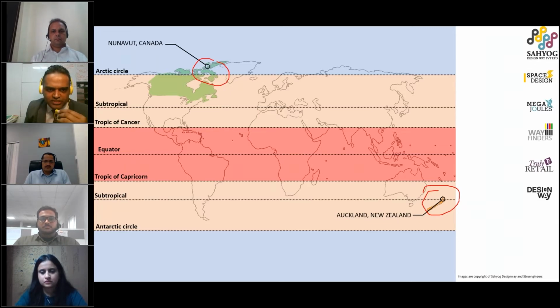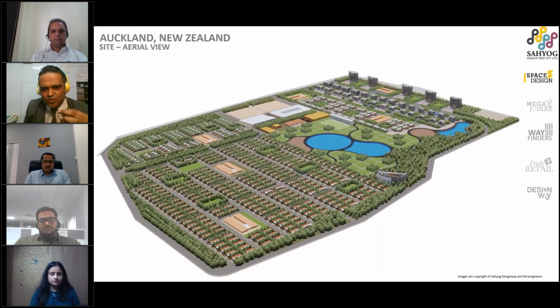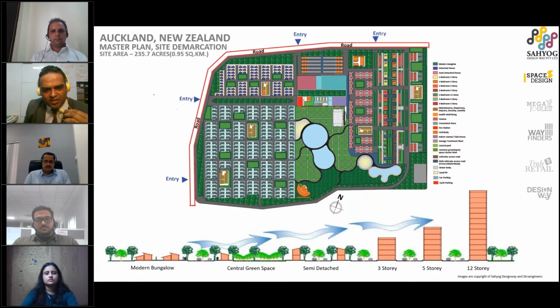Okay, so I would start with the first part, which is New Zealand. This is an aerial view master plan of that location, which is somewhere around 0.95 square kilometers of master development. There we have used 3D precast as the core structural construction technology.